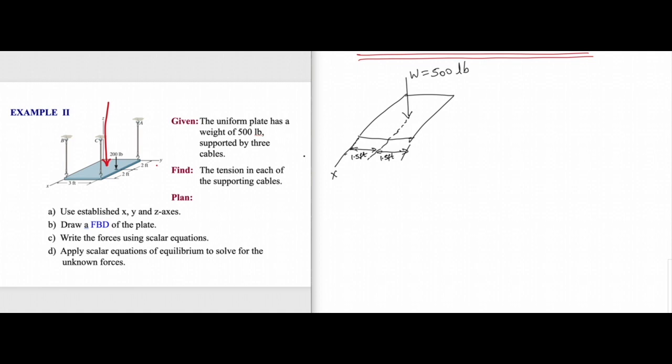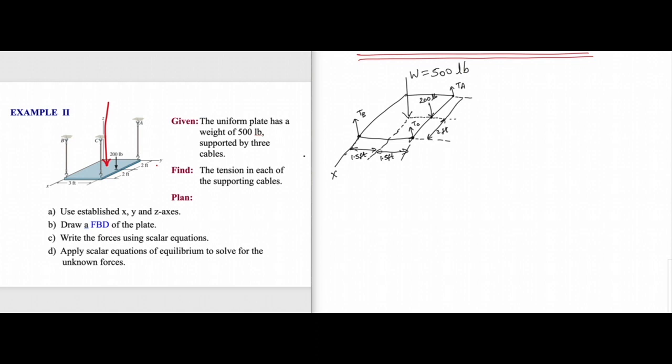And here we can assume there is a tension TC, here a tension TA, here a tension TB, and there is a 200 pound force acting at 2 feet.